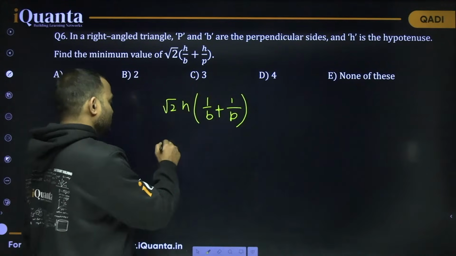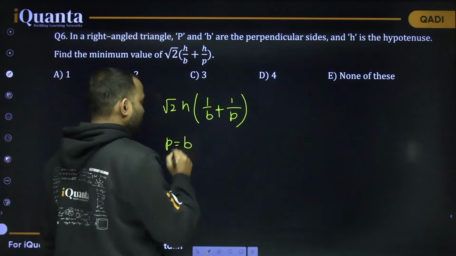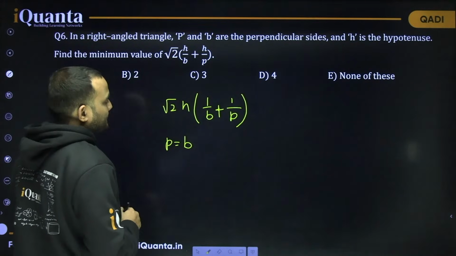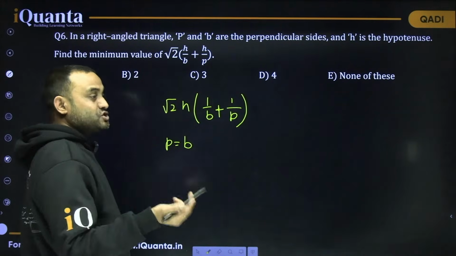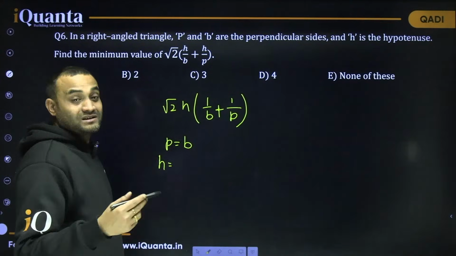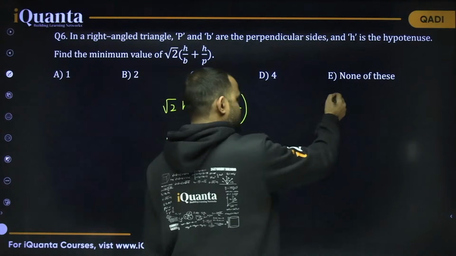So we take B is equal to P, and in that case, what will H be? This will become a right angle isosceles triangle, है ना?